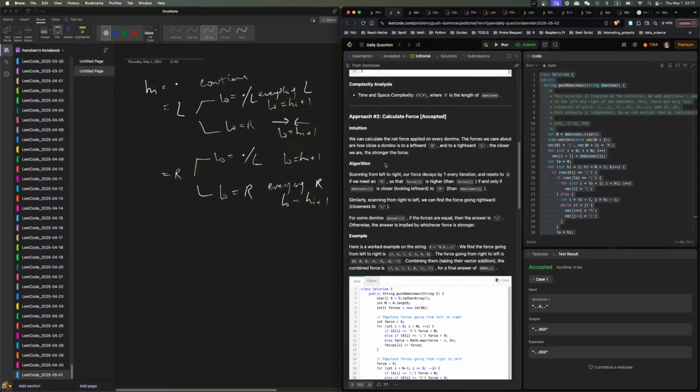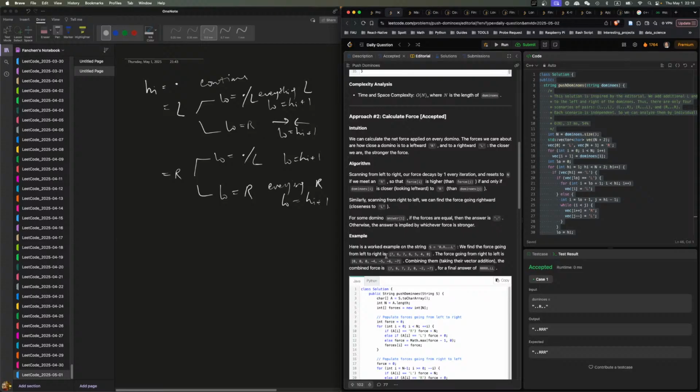Scanning from left to right, our force decays by 1 every iteration, and it restores to n if we meet an R. So left to right, if we have an R, then we have a lot of force. Yes, the force i is higher than force j if and only if it's closer to R.